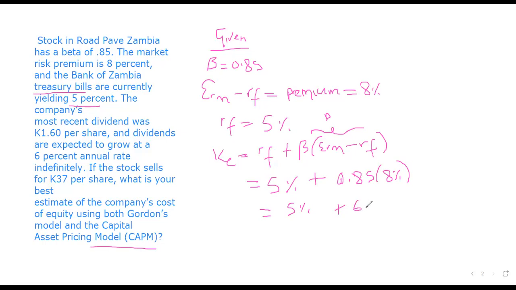I've converted 8% into decimal. No, just do it directly. 0.85 times 8 is 6.8. And what do we get? 11.8%.